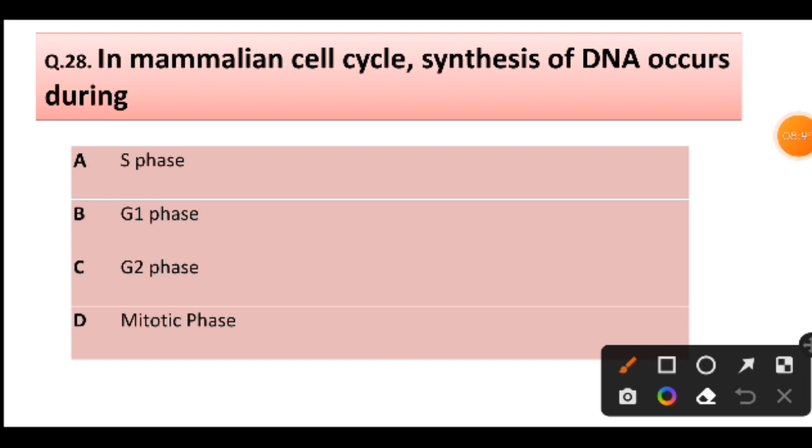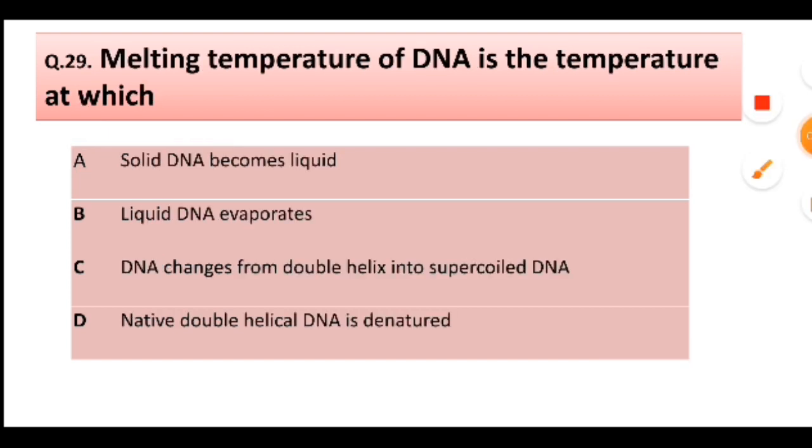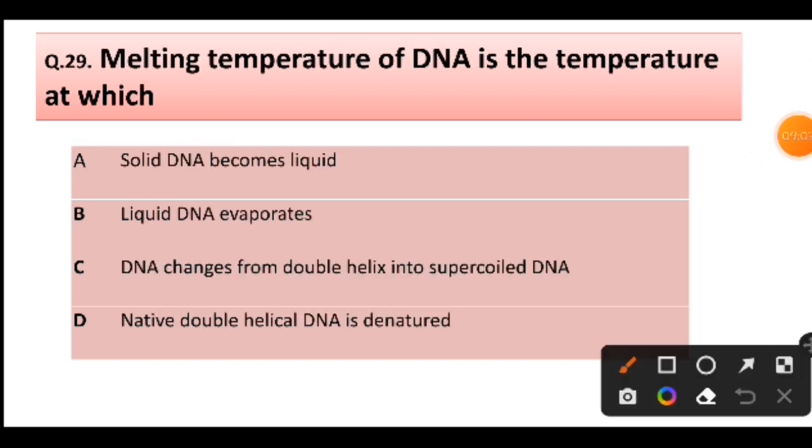Question 28. In mammalian cell cycle, synthesis of DNA occurs during S phase, G1 phase, G2 phase, mitotic phase. Correct answer is option A, S phase. Question 29. Melting temperature of DNA is the temperature at which solid DNA becomes liquid, liquid DNA evaporates, DNA changes from double helix into supercoiled DNA, native double helical DNA is denatured.